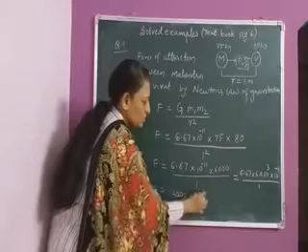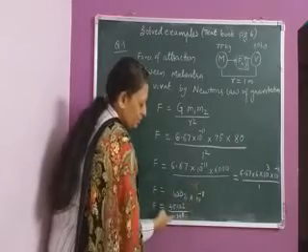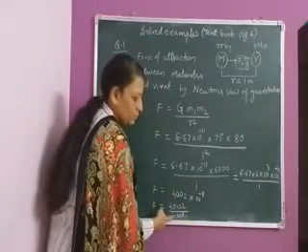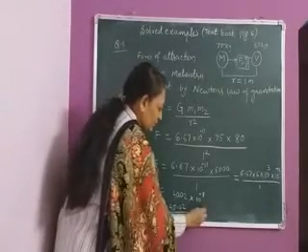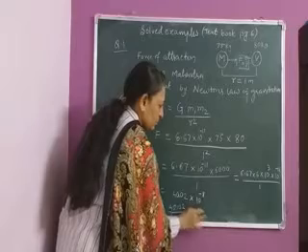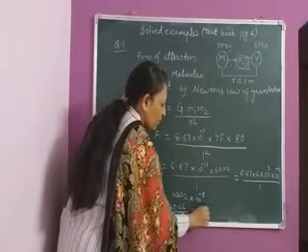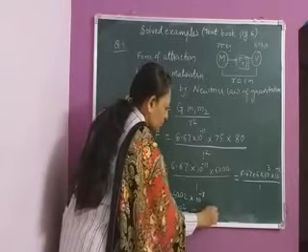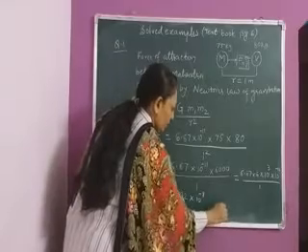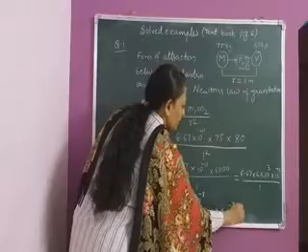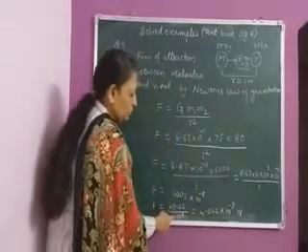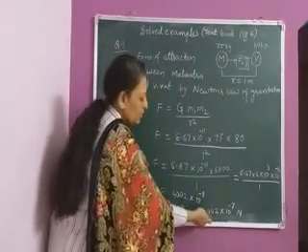This is a negative power, it means divided by the positive power. So if you calculate this value, it will be 4.002 into 10 to the power negative 7 Newton. Due to this, the decimal point will move here.